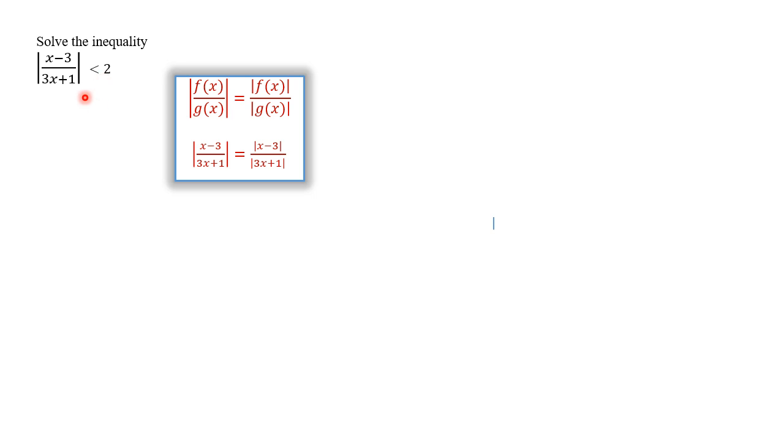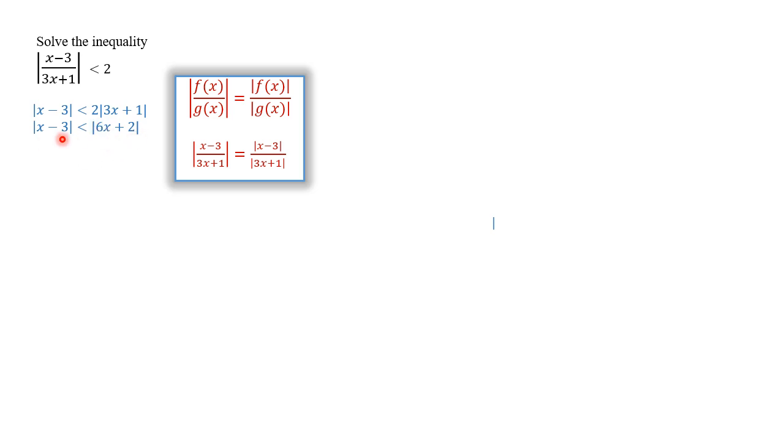So in this case, we are just going to be multiplying with modulus of 3x + 1 on the other side here, since modulus of 3x + 1 is always positive. So it's |x − 3| less than 2 times |3x + 1| here. Right, so now we can multiply with 2 inside of this modulus. So you're going to have |x − 3| less than |6x + 2| here.